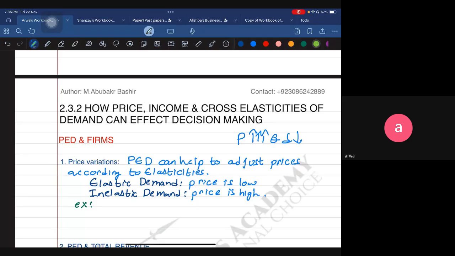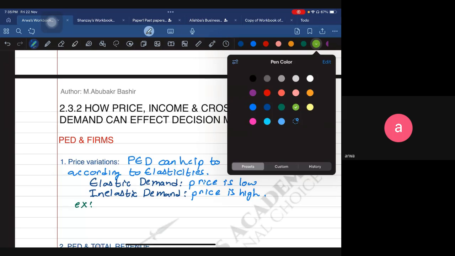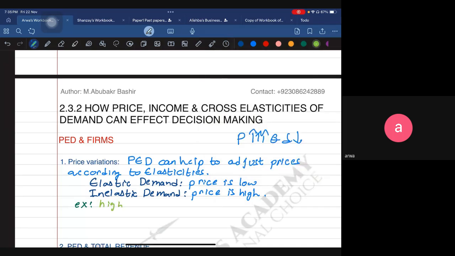Yes, exactly. So you see high prices of Uber during peak hours and low during normal hours.